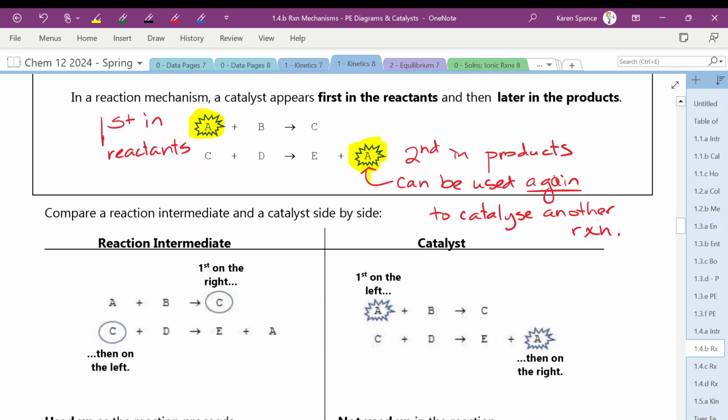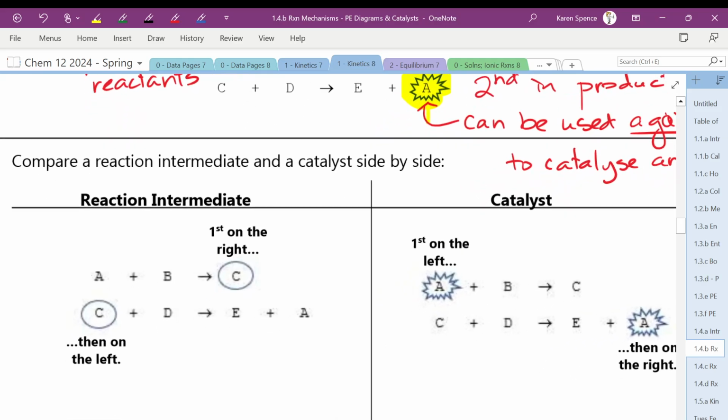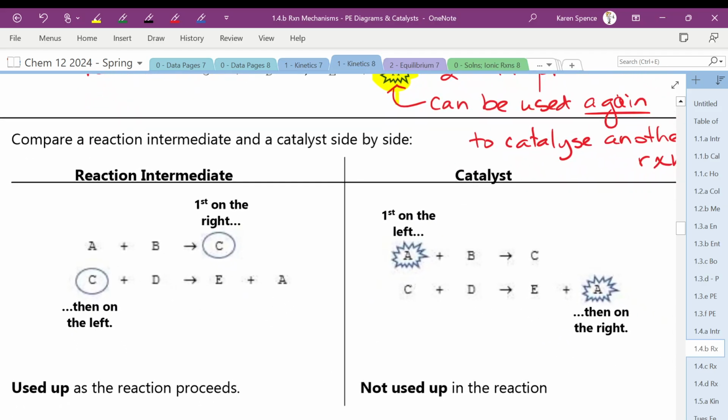Yes. Catalysts can be ions, but they don't have to be. They are often ions, but they're not necessarily. Okay? So here's a side-by-side comparison. You can see we have first on the right and then second on the left.